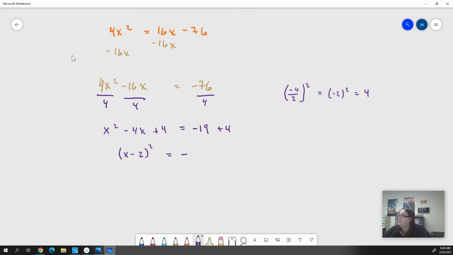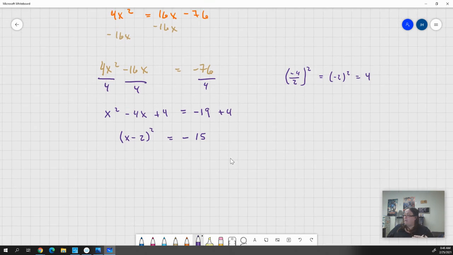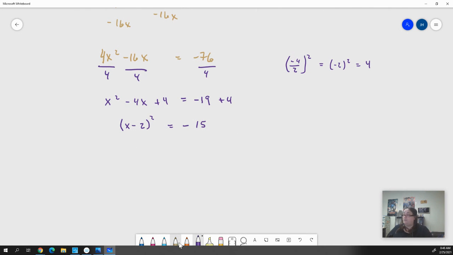negative 15. I'm going to go ahead and solve this just because I can tell right now that we're going to get an i solution, and I want to remind you how that works. We're going to take the square root of both sides, and I'm going to get x minus 2 equals the square root of negative 15. Well, this is the same as saying plus or minus i times the square root of 15.